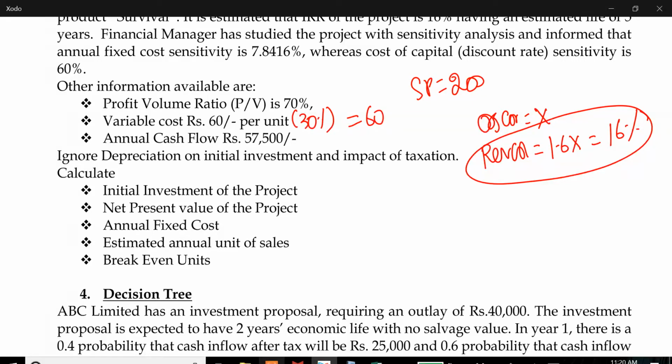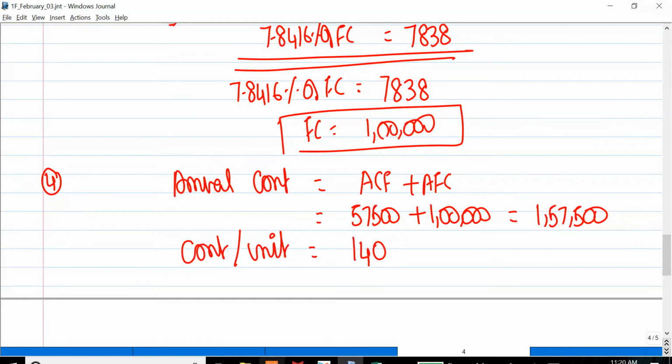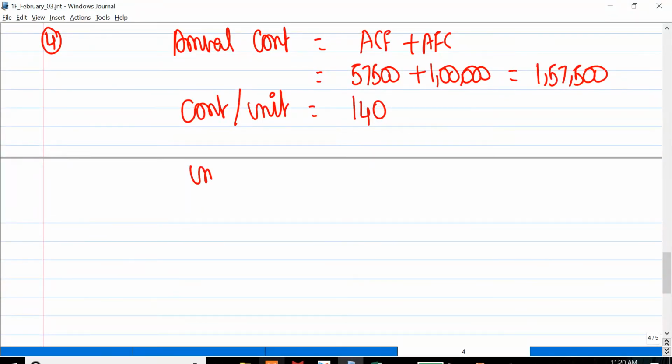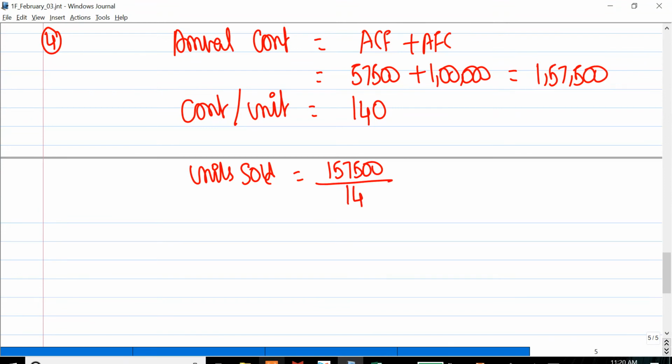Units sold is 157,500 by 140, which is 1125 units.